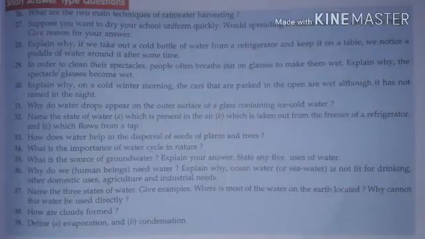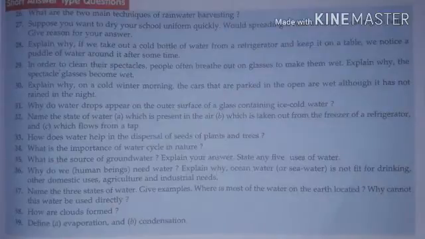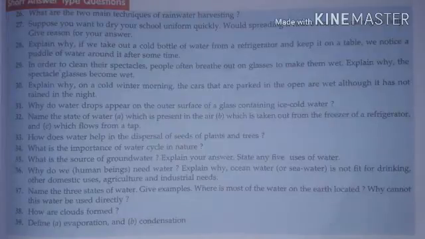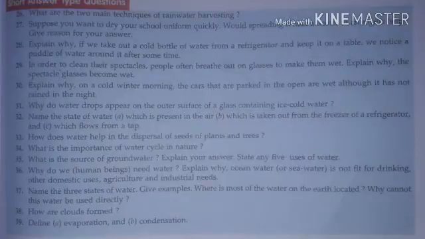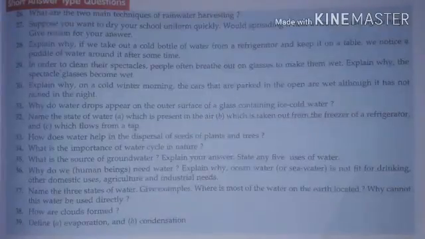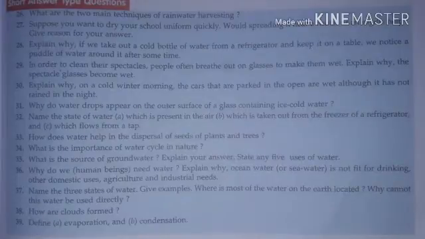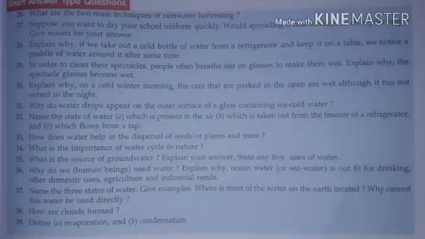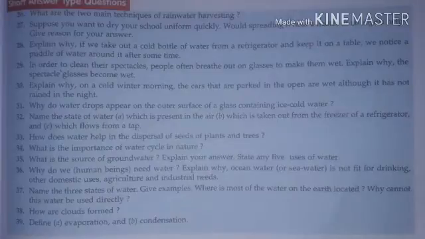The water vapor, nothing but moisture or humidity, that is present around the water bottle, because of the coolness of the bottle surface, cools down, and when water vapor cools down, it is called condensation. So because of condensation, you are able to see the puddle of water around the water bottle. That is the reason behind that, the condensation of the vapor.